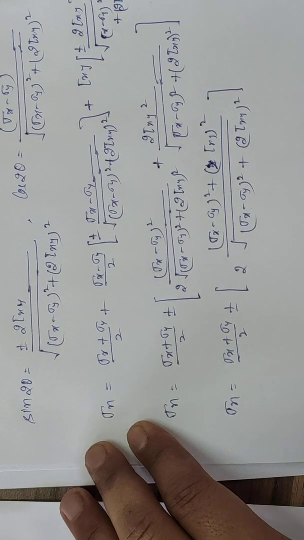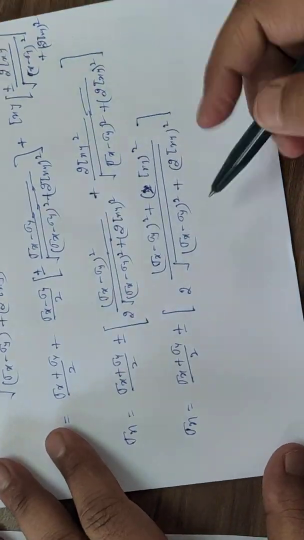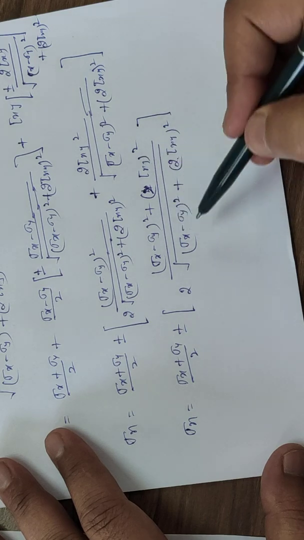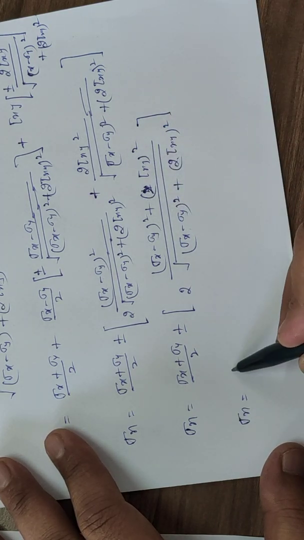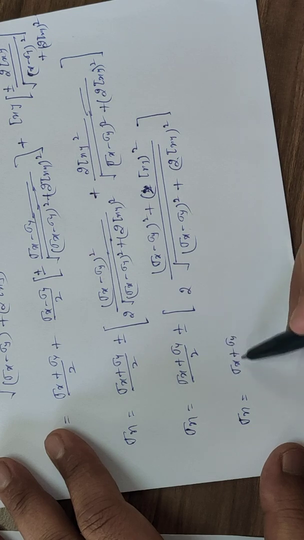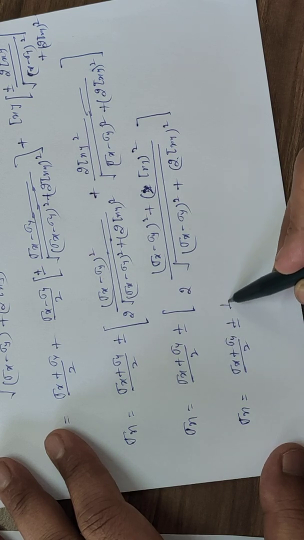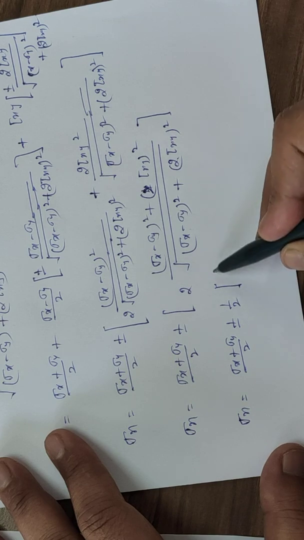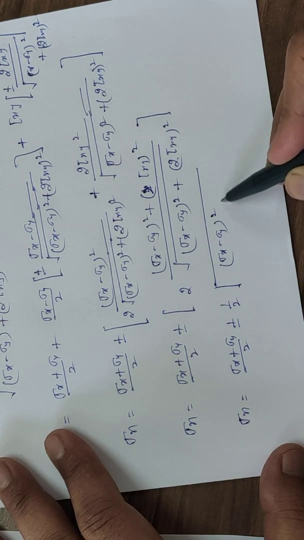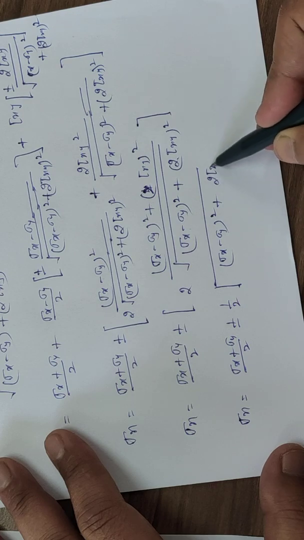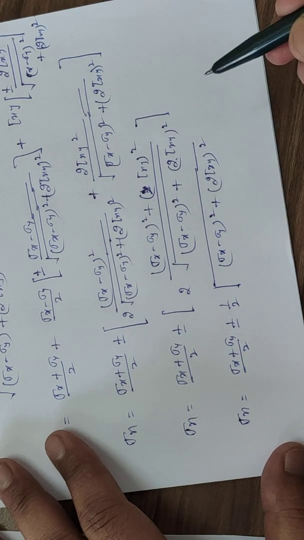Okay. From here we have under root of this quantity and this quantity. We can divide this part also and we can get sigma n is equal to (sigma x plus sigma y)/2 plus minus 1 upon 2 under root of (sigma x minus sigma y) whole square plus (2 tau xy) whole square.